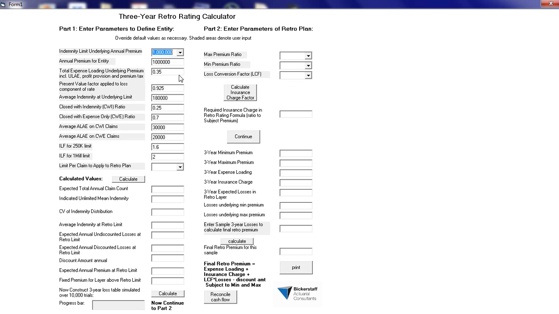So that 65% loss ratio with $1 million of premium would imply, of course, that the expected losses in the rate are $650,000.